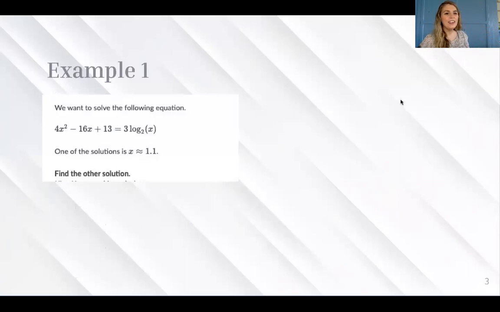Okay, so here is an example. The first thing I want to do is get everything on the same side of the equation. I'm going to do this by taking my 3 log and dividing the whole left side of it.